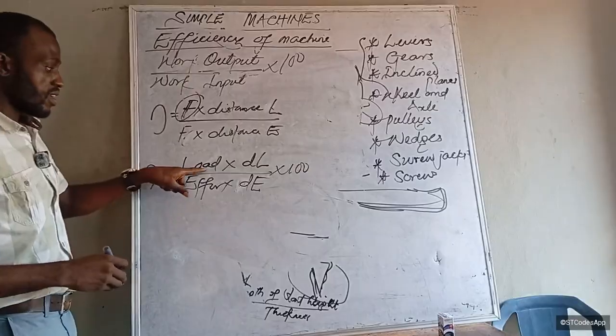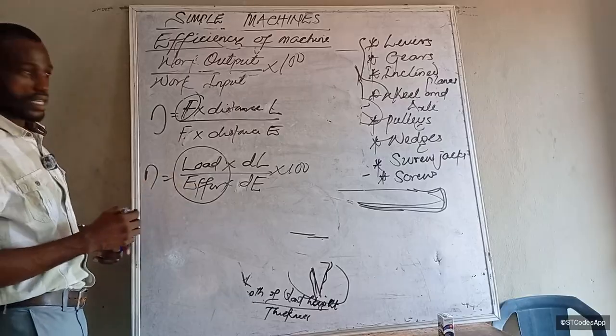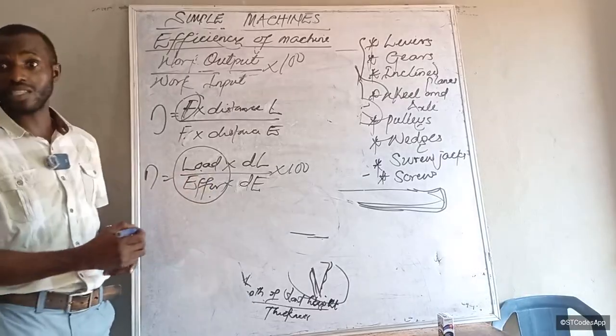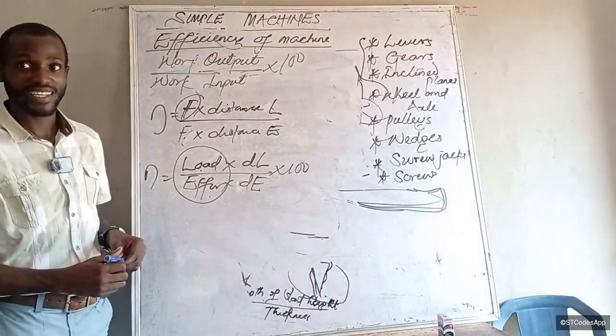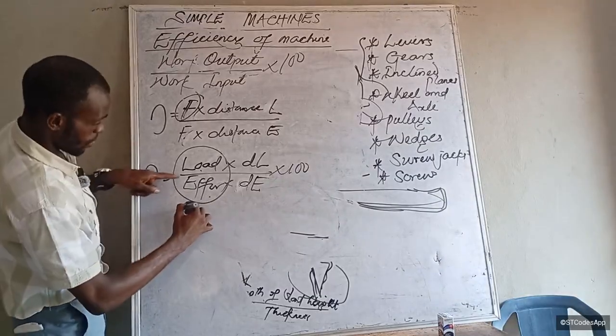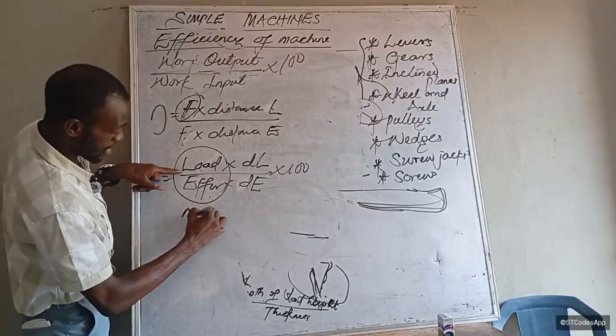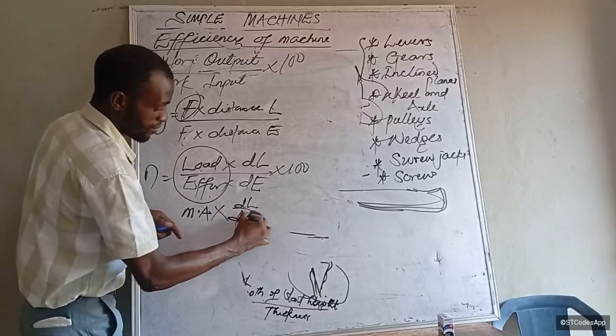If you look at this very well, what is this? That one is load over effort, which is MA. Then this one is distance moved by the load over distance moved by the effort.